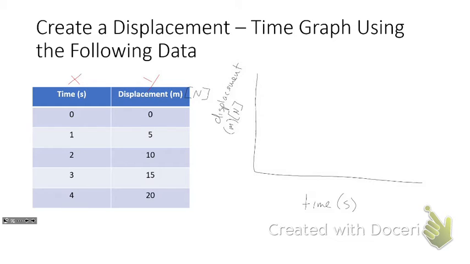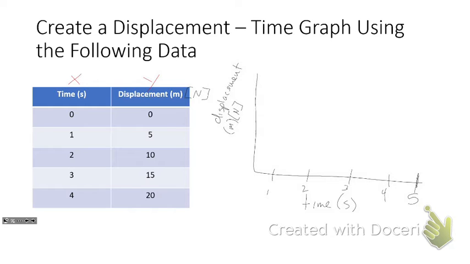So my time range is 0 to 4. When you guys are making graphs, you never want your last data point to be at the end of the graph. You always want to have a little bit of extra space there, okay? So this can be 5, 4, 3, 2, 1. And it doesn't have to be perfect because this is just a sketch, but we still need to have consistent scaling on our axes, right?